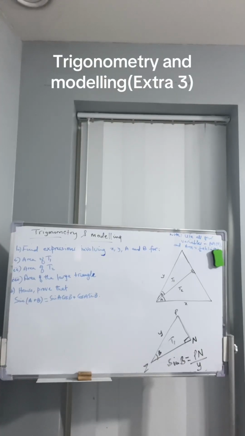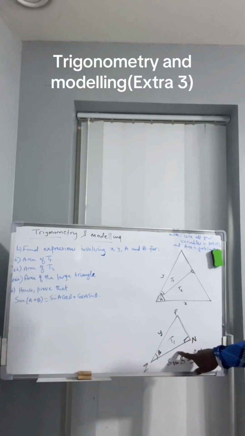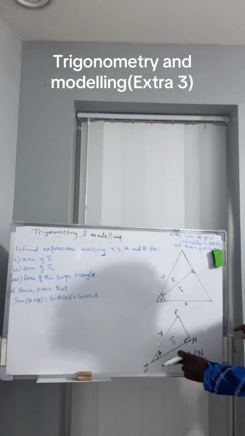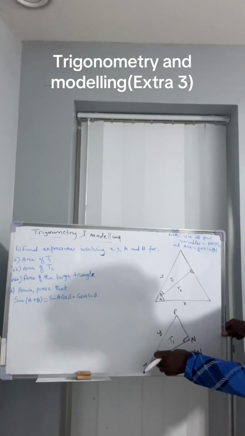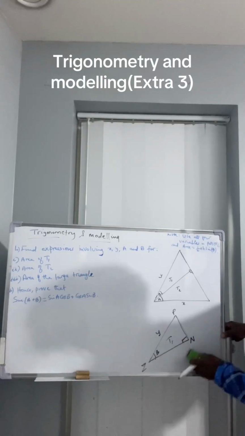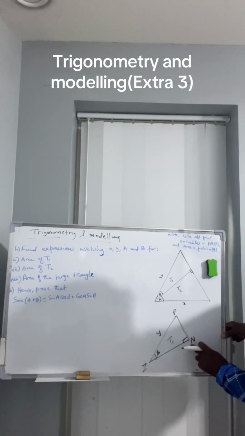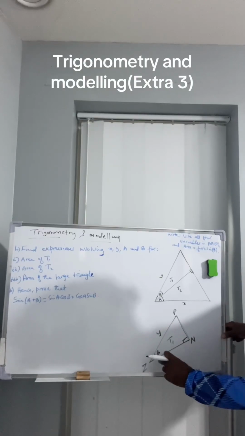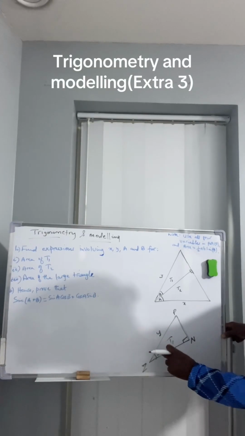But we are told to find the area. So for the area, we need this length. It's this length that we need, because it's half AB sine theta. So we need this length. So how do you get this length? This length, ZN or NZ, is adjacent to this angle.